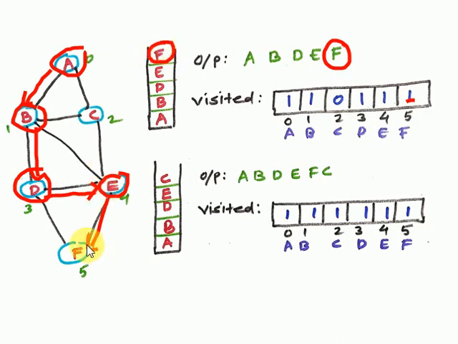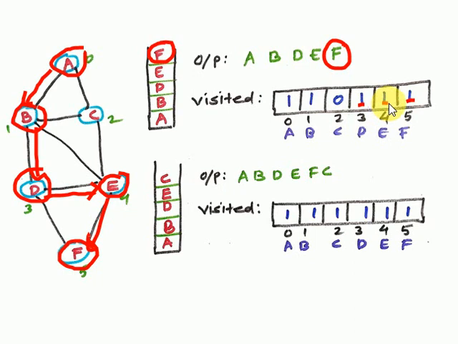Now I have reached F. I'll find the adjacent vertices of vertex F. So F has two adjacent, that is connected, vertices, vertex D and vertex E. So let's say if I go to vertex D, I find that vertex D is already visited. So I'll not take vertex D. Then I'll go to the next vertex E. If I check vertex E, it is also visited.